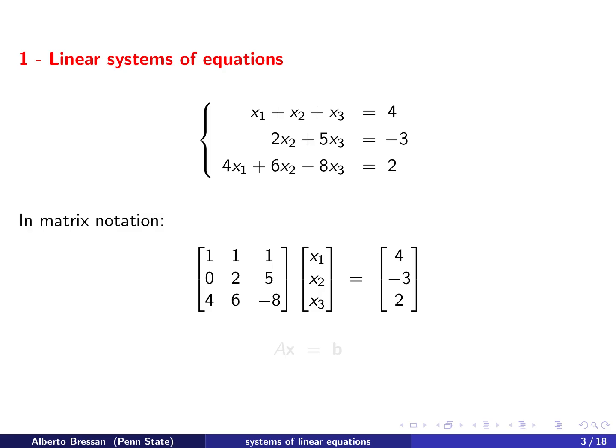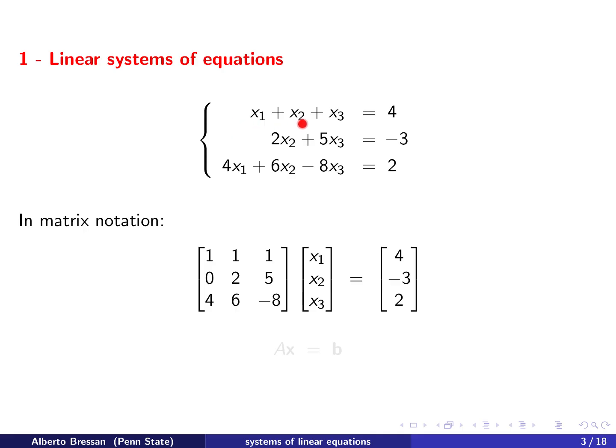A convenient way of writing this out in a more compact form is to use the concept of a matrix and a vector. In this notation, we line up x1, x2, x3 into a column, and we take their coefficients, the constants in front of them, and gather them into this block of 3 times 3 numbers.